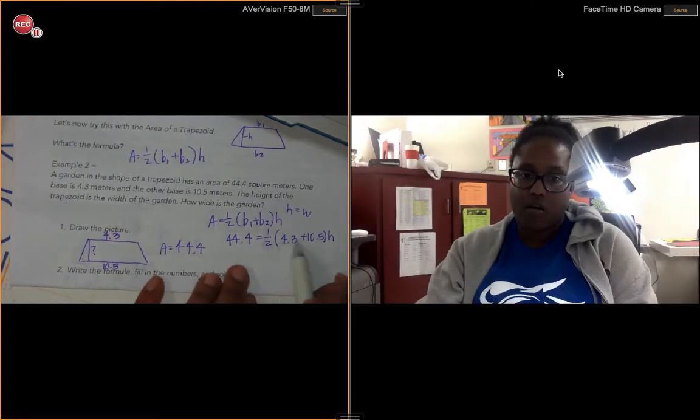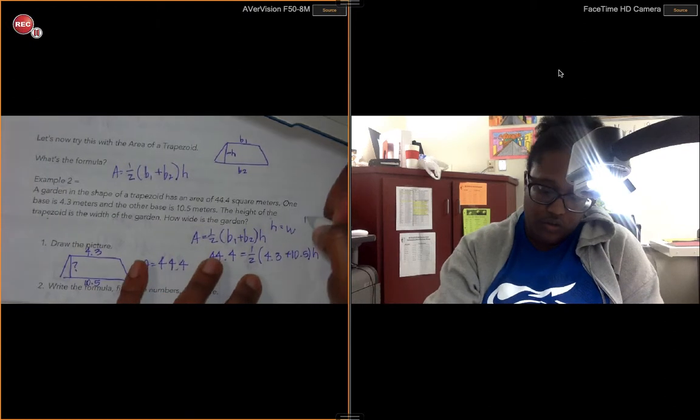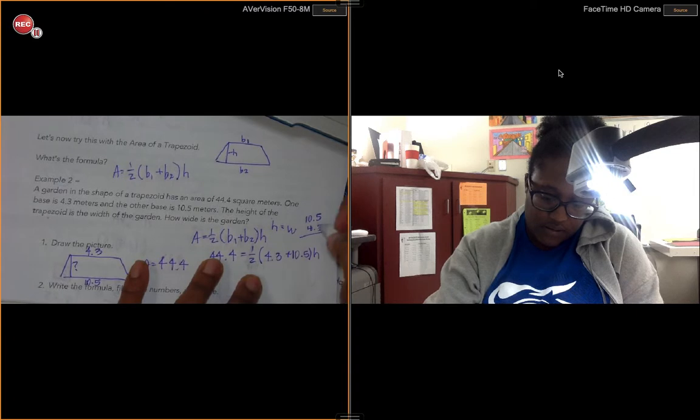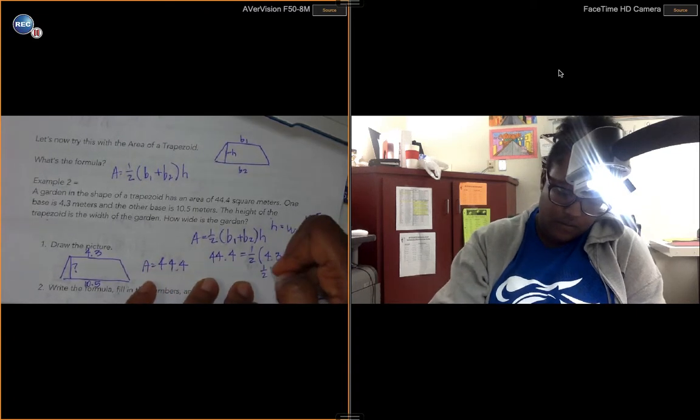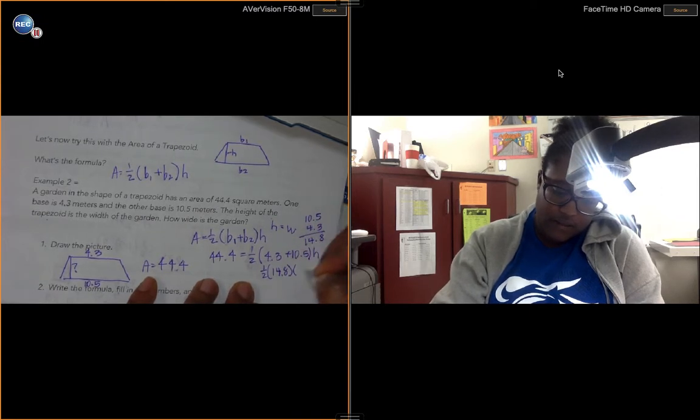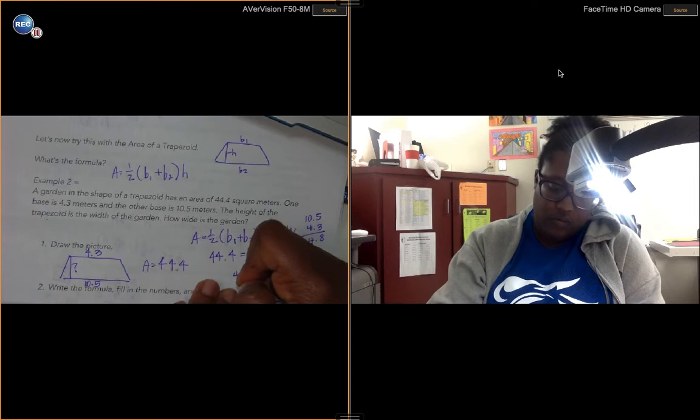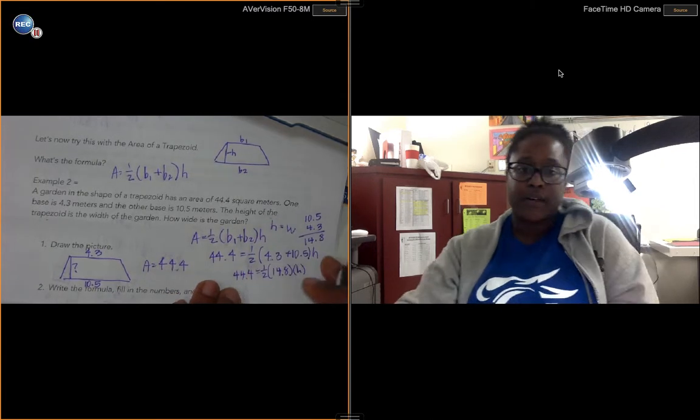So we're going to do all of the stuff that we can. The first thing we're going to do is add 10.5 and 4.3, which is 14.8. So we have 1/2 times 14.8 times h equals 44.4.